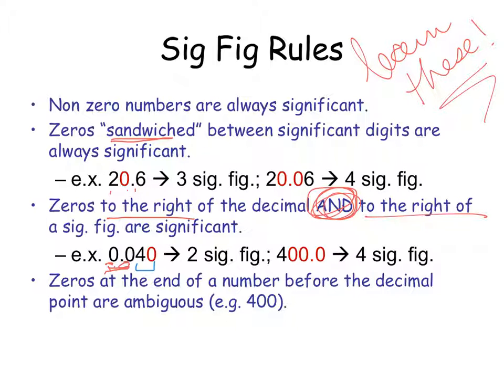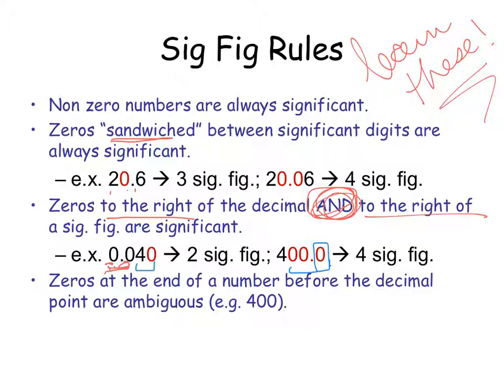And I'll show you guys sometime, maybe at the end of Friday, a cute little way to help you remember this rule in particular. If we look at 400.0, because this 0 is to the right of the decimal and to the right of the 4, that 0 is significant.